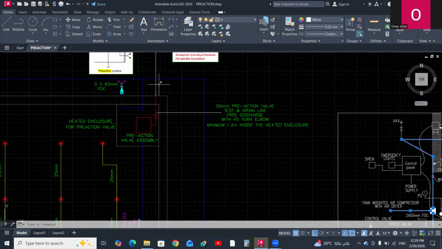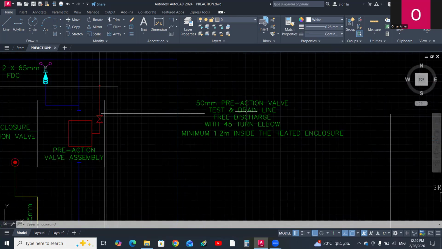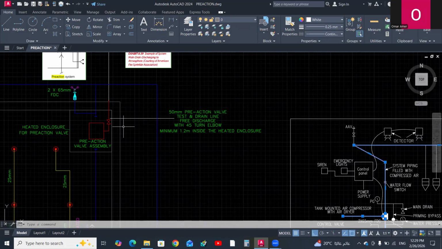Preferably it is free discharging, not connected to the drain network, and terminates with a 45 degree turn elbow. And there is a minimum length of this drain pipe inside the valve enclosure.